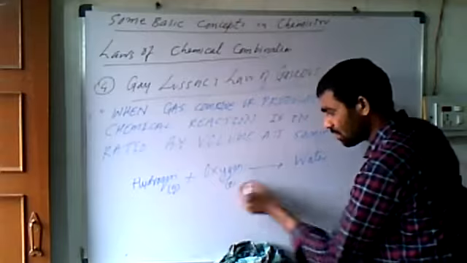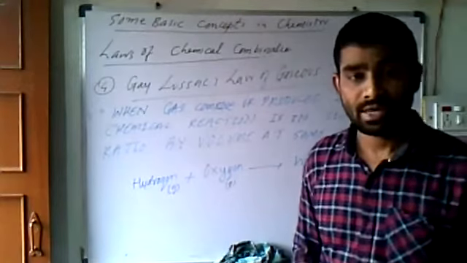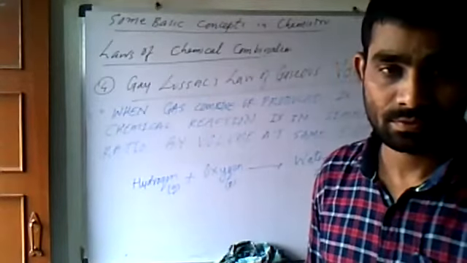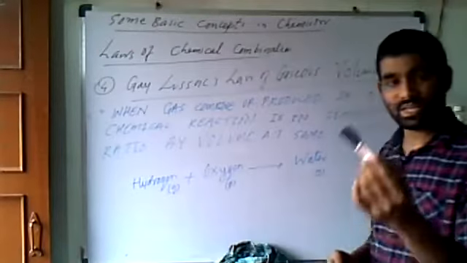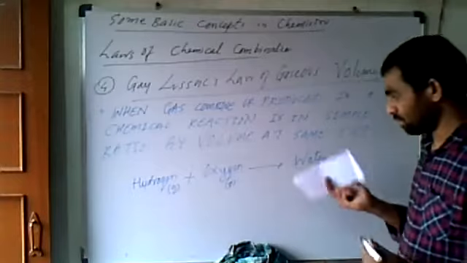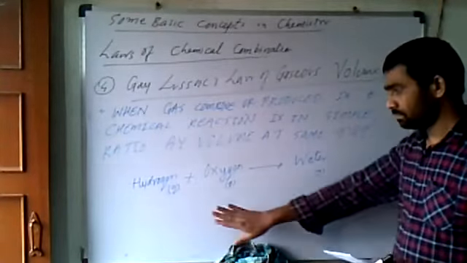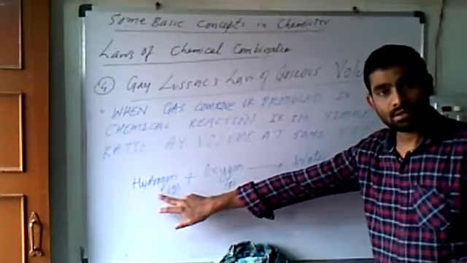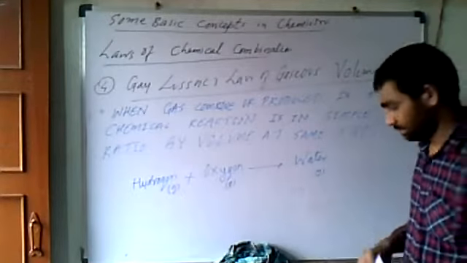This is the gaseous form, and suppose water is also forming as a gaseous molecule. Actually the ink is not there, so I will use black. See, hydrogen plus oxygen, and this gives you water.